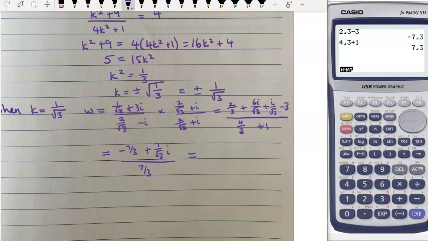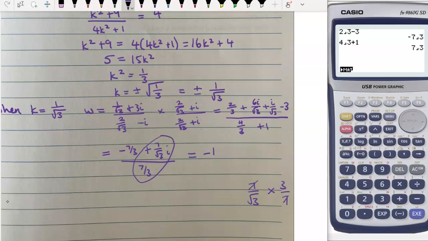So 7 over 3 here, that cancels into minus 1. And on this bit here, I'm just going to do it off to the side a little bit. So it's 7 over root 3 divided by 7 over 3. That's the same as if you times by the reciprocal.